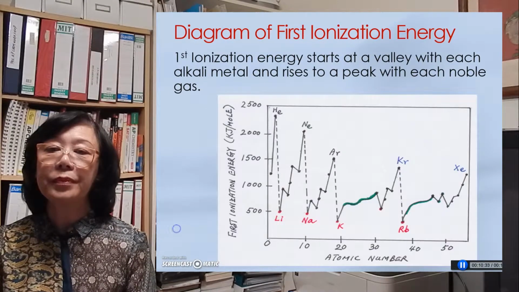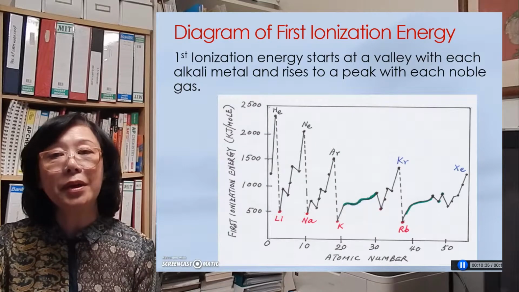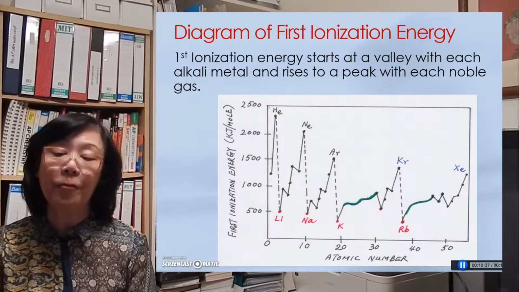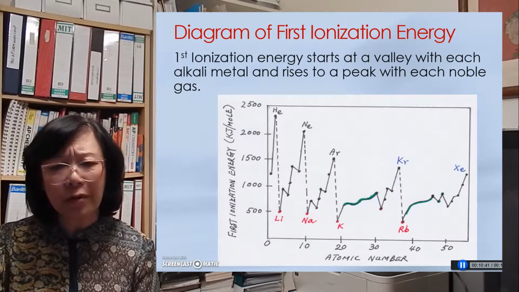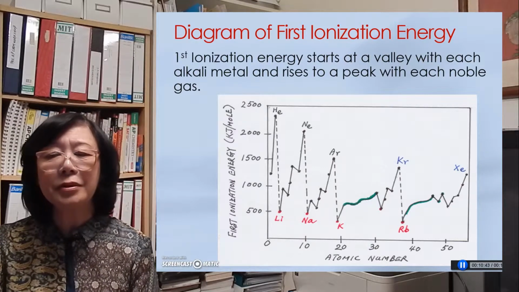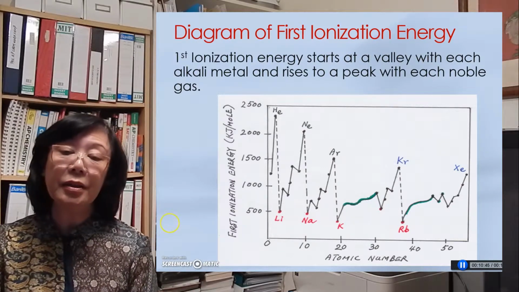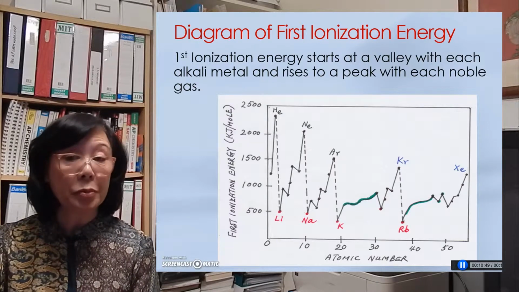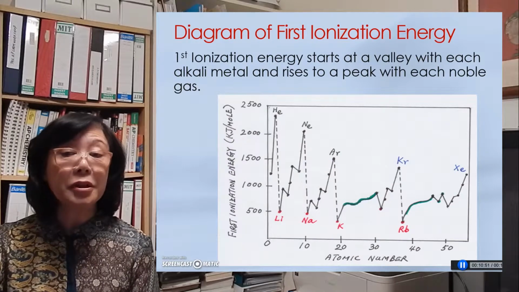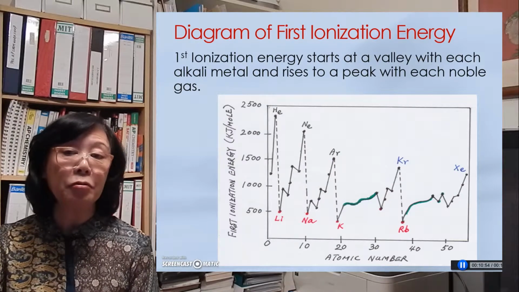Here, I'd like you to have a mental image of the diagram of first ionization energy, from hydrogen all the way to xenon. As you can see, we start at a valley where you have the alkali metals, group 1A, and when we go across the period, it goes uphill to the peak.